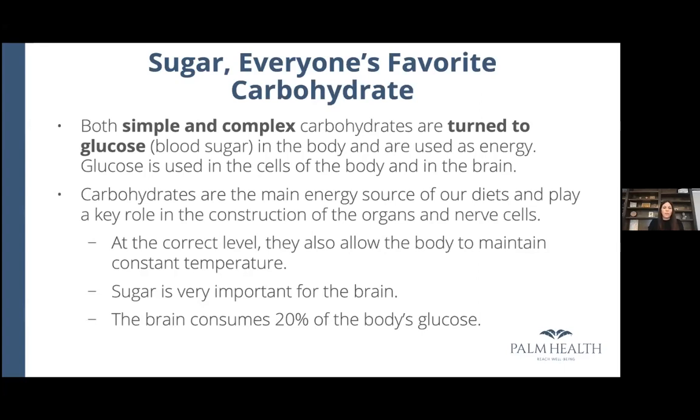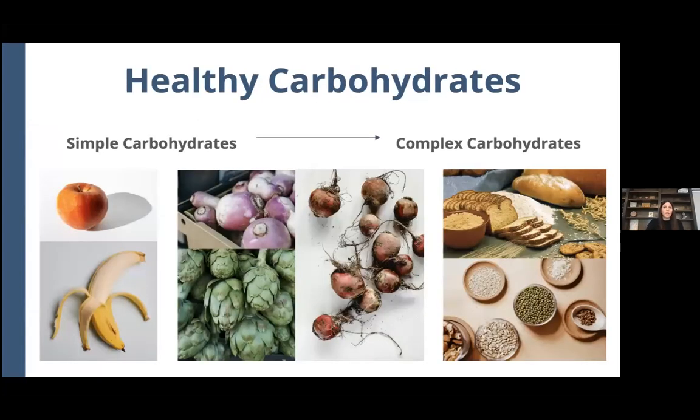So when we think about carbohydrates and our food plan, we don't want to think that carbohydrates are the enemy. In fact, carbohydrates make up some of the most healthy foods that we can incorporate into our diet. All of our fruits, which contain the more basic component of our carbohydrates, those fructose type sugars, are carbohydrates.